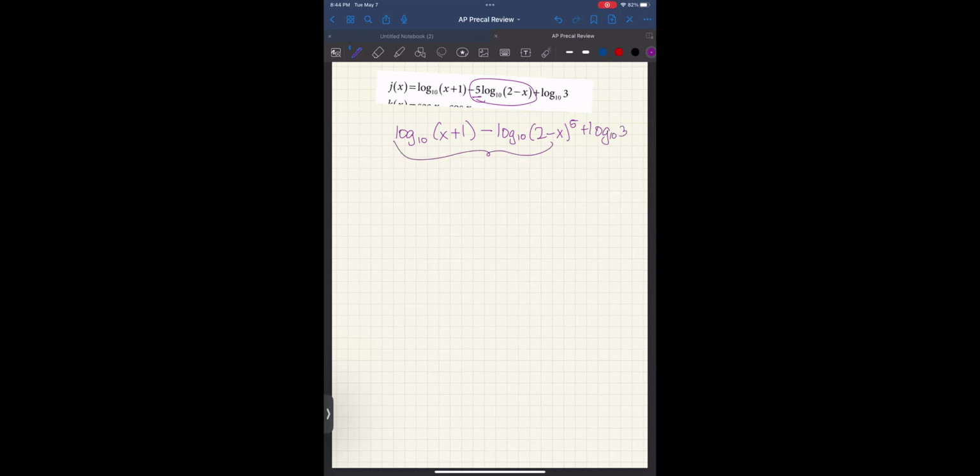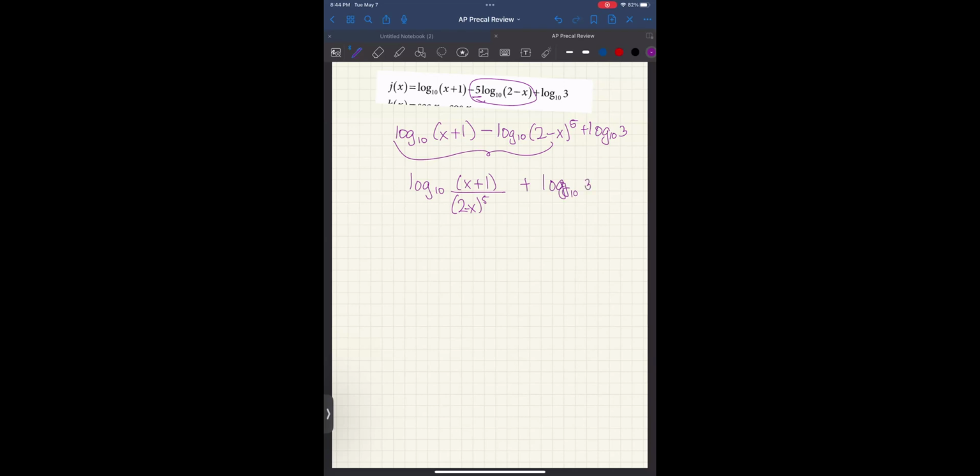Now, this part is a quotient, so log base 10 of x plus 1 over 2 minus x to the 5th, and then I still have the plus log on the end.